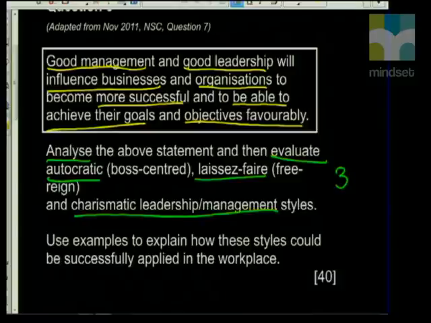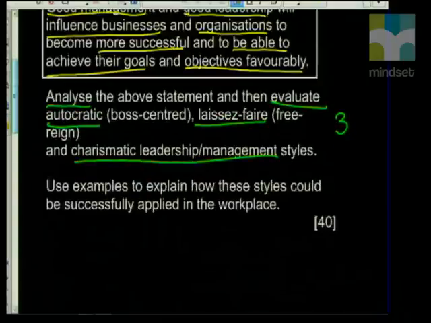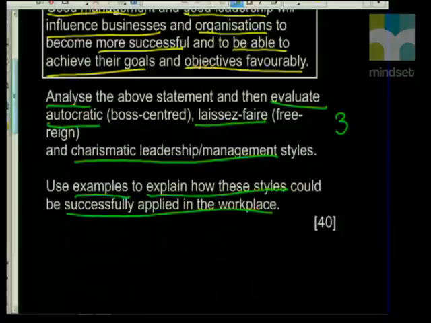So off the bat, we know they're asking us about three styles of leadership. Next, they're telling us to use examples to explain how these styles could be successfully applied in the workplace. So let's have a look at this, and then I might jump back and forth just once to show you the trick to how this is done.